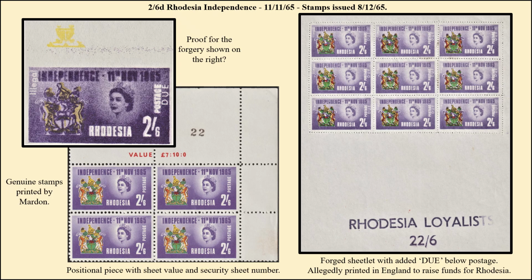I'm not sure when the forgeries were made, but it is alleged that they were made in England to raise funds for the Rhodesia loyalists, or by the Rhodesian loyalists, and that the money created by the sale of these stamps was to be donated back to Rhodesia. The stamp over on the top left-hand corner, I think, is possibly an essay for the forgeries, but I must be honest, I'm not absolutely sure.